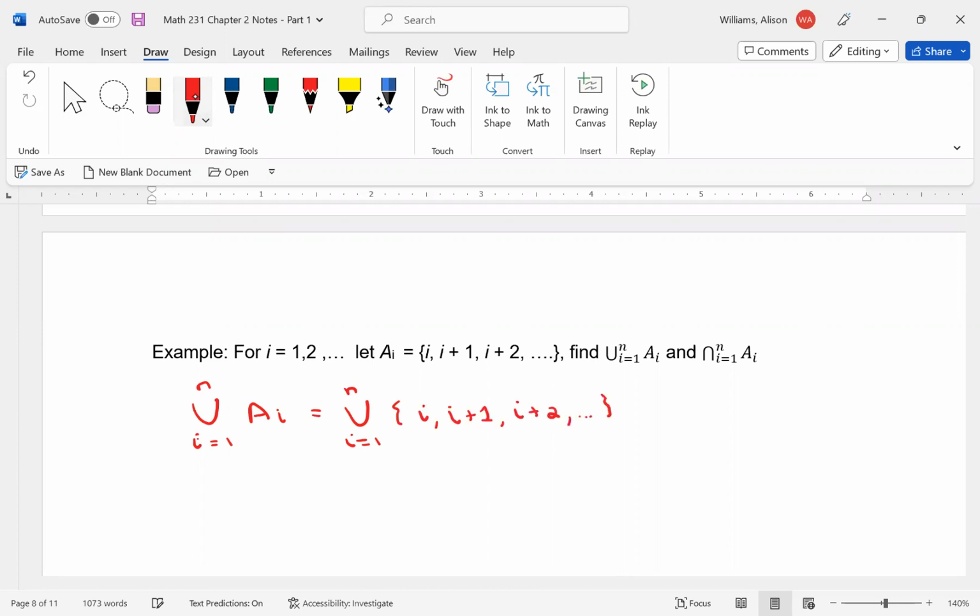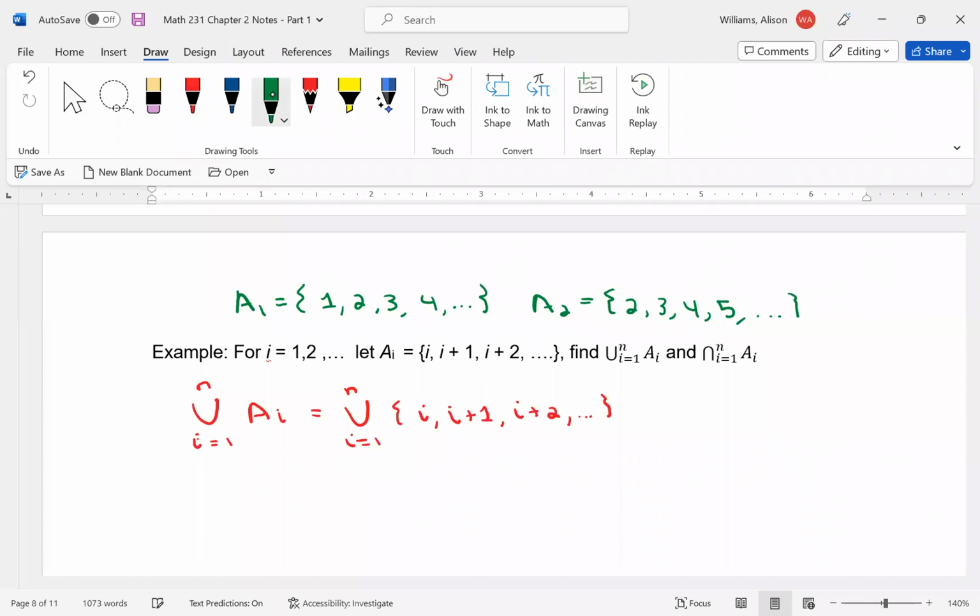So if I plug in my values for i, the very first one is just going to be the set starting at 1. So here, let me list that out up top. A sub 1 is the set 1, 2, 3, 4, and so forth. A sub 2 would start with 2, 3, 4, 5, and so forth.